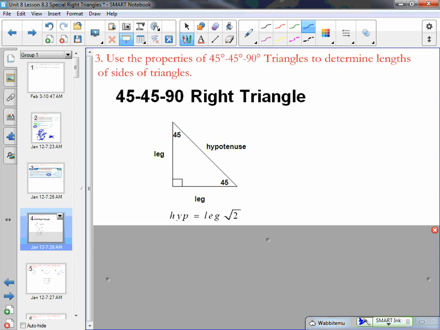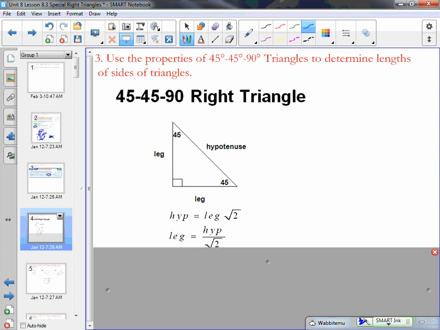And if I divide both sides by the square root of 2, don't I get hypotenuse divided by square root of 2 on one side and leg on the other? So the leg equals the hypotenuse divided by the square root of 2. So if we know that the hypotenuse is, let's say, 58, then the length of the leg is 58 divided by the square root of 2.